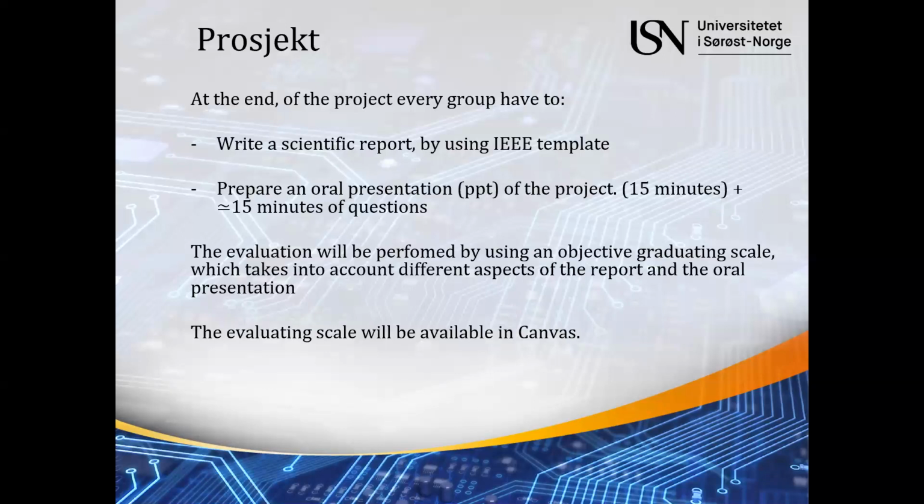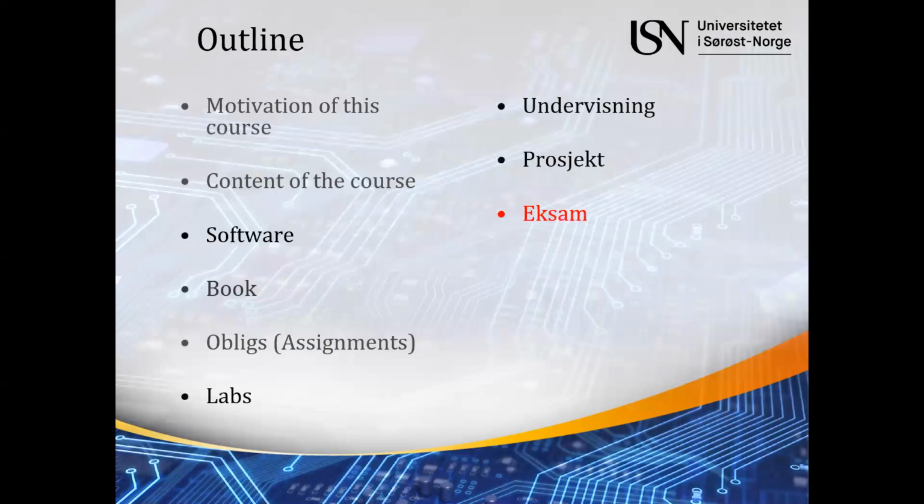The evaluating scale will be available in Canvas, so you will see the different percentages. This is in order to give an objective grade, so there will be no subjectivity. It's not that I don't like you, you don't like me, so you get a lower grade. If we follow this objective evaluating scale, then we should avoid all of these subjective conflicts.